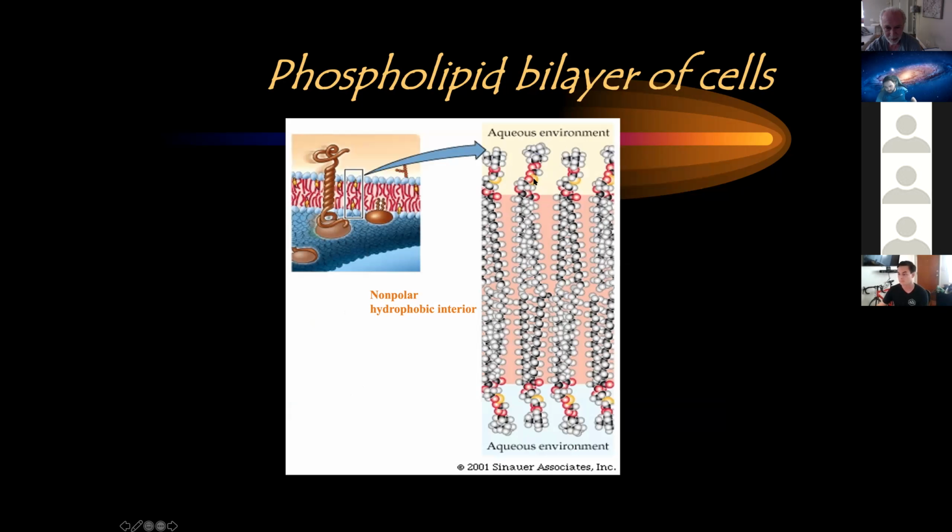The heads are pointing out away from the membrane. If you imagine that this is a membrane on a cell, the outside of the cell is aqueous, water. The inside of a cell is water. And the membrane separates the interior of a cell from the exterior. So that's why they're critical for life. You can't have a cell without a membrane.